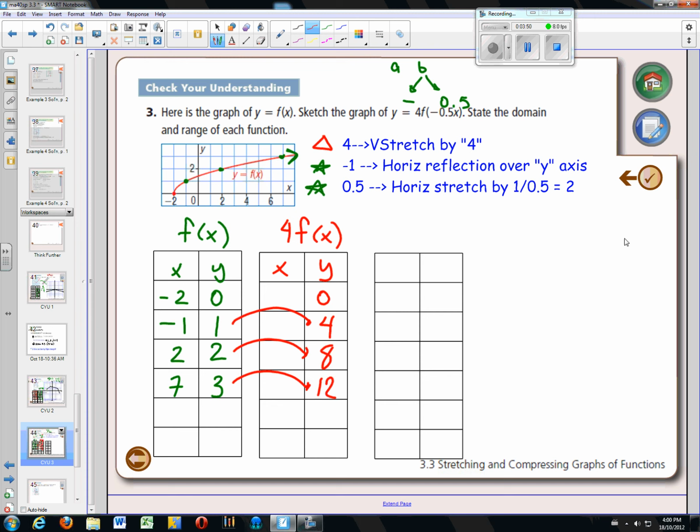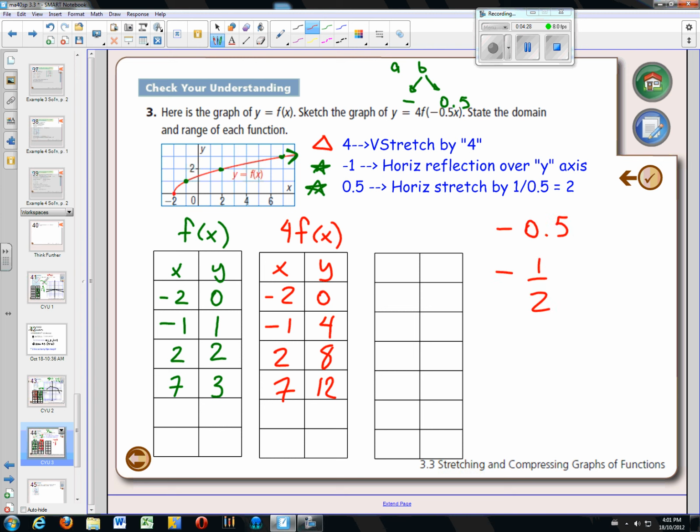And get rid of those arrows. You know what I'm talking about, hopefully. And because I'm doing 1 transformation at a time, I'm going to leave the x values alone until I get to the next table. The next table, I'm going to do the horizontal effects. Now remember what I said from Thursday's class. You stretch before you shift. But here, we're stretching and kind of reflecting. We could do those at the same time because notice it's negative 0.5, which is negative 1/2.